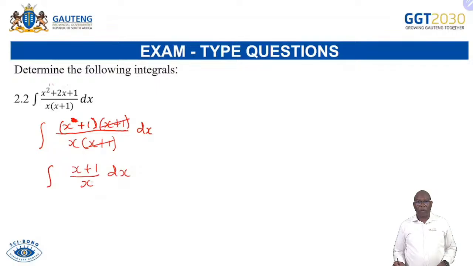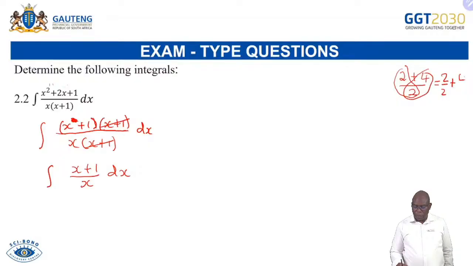Just want to show you this. If I've got 2 plus 4 over 2, that's easy. It's 2 plus 4, it's 6, and 6 divided by 2 is 3. But if I want to split this, I can split it in this form. Let's see if we'll get the same answer. If I split it in that form, it will be 2 over 2 plus 4 over 2.